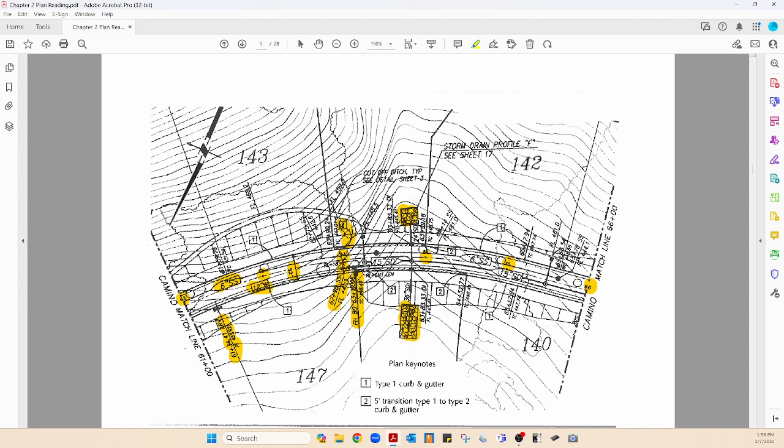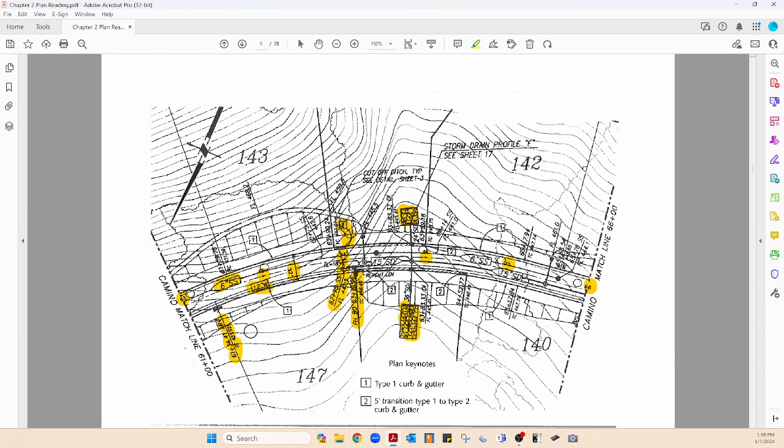It has a small circle every 100 feet indicating these stations right here: 61, 62, 63, 64, and 65. And out here is 66. They're calling that the property line.